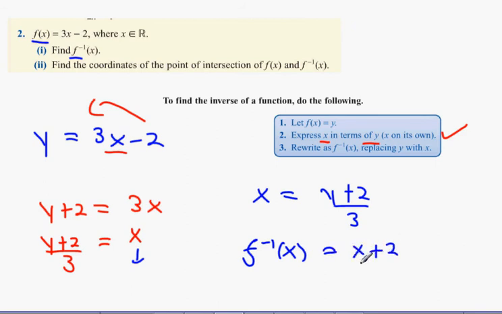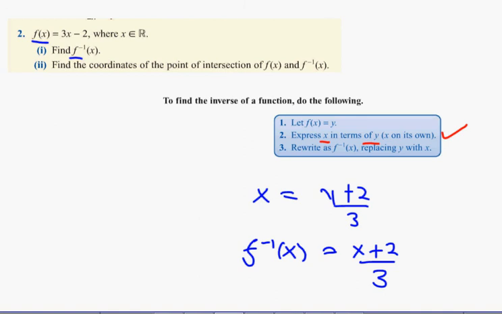Now let me show you the context of this. If I said f of 3, f of 3 is what, guys? F of 3 is 3 times 3 minus 2, which is 7.